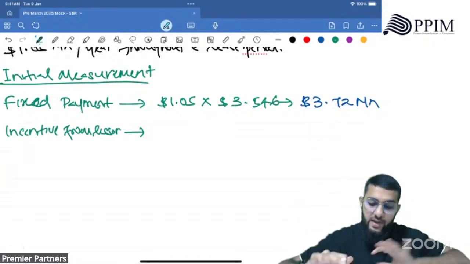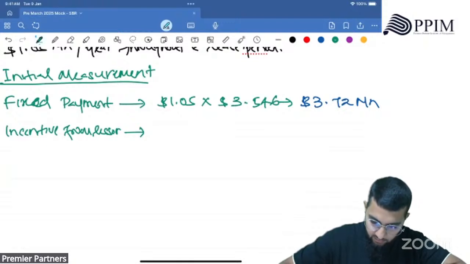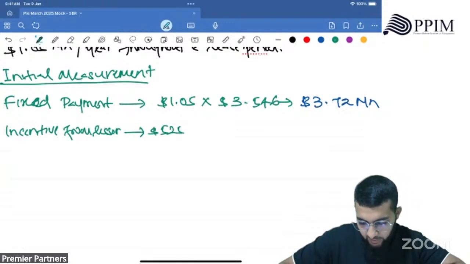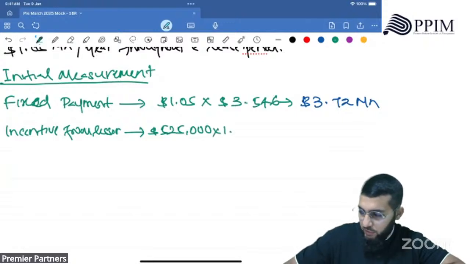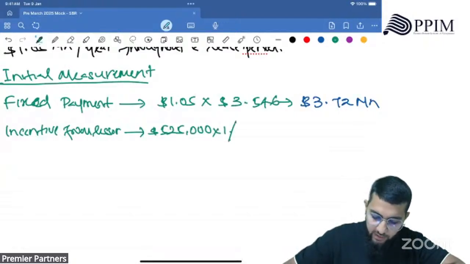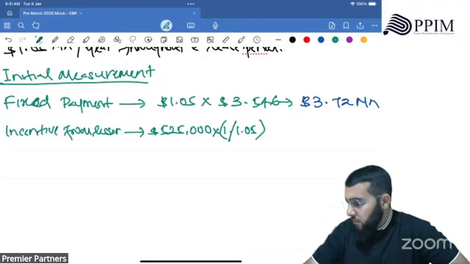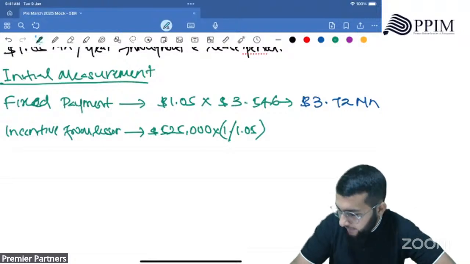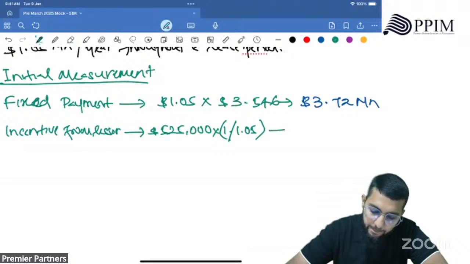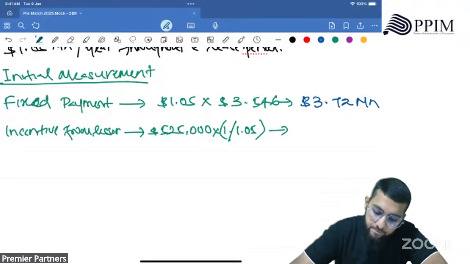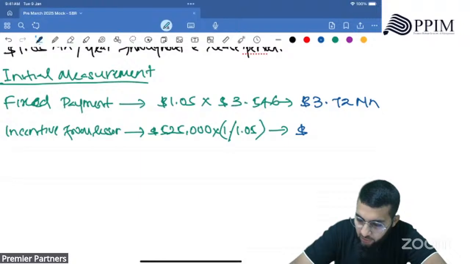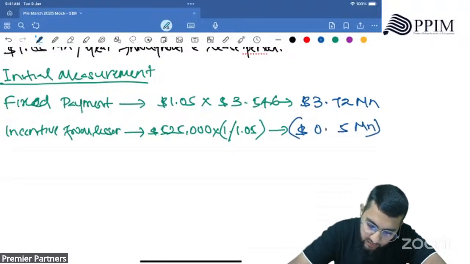So you have to discount that using 5% as well. 525,000 into 1 over 1.05 to the power 1, right? So that will be 500,000 or 0.5 million. Deduct that.